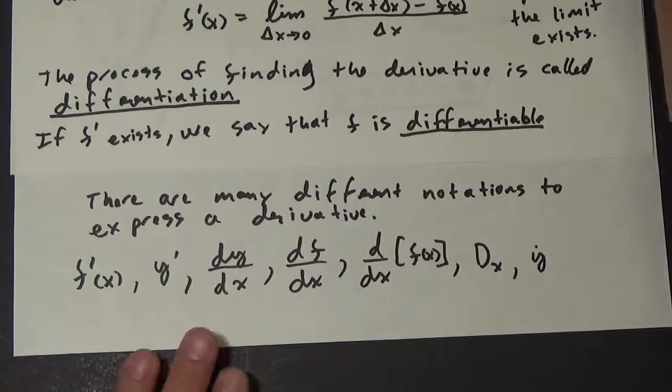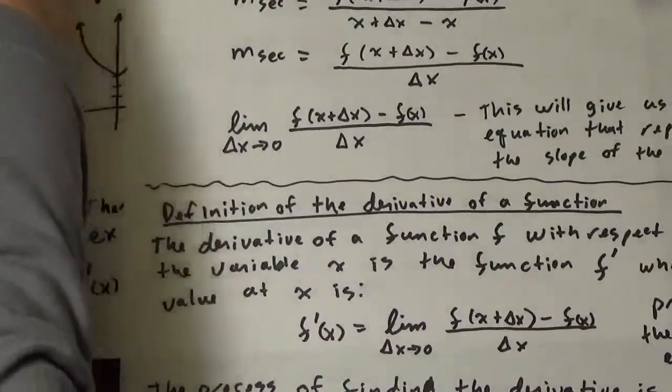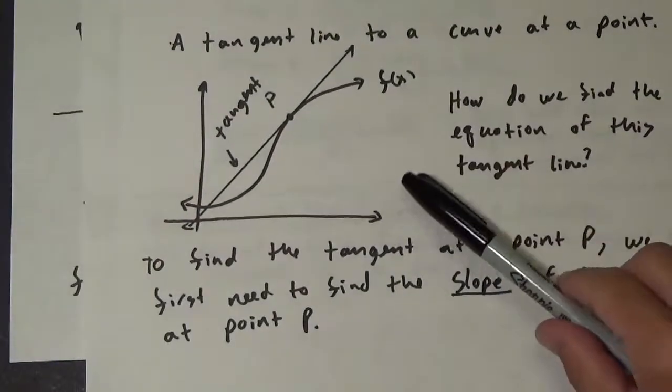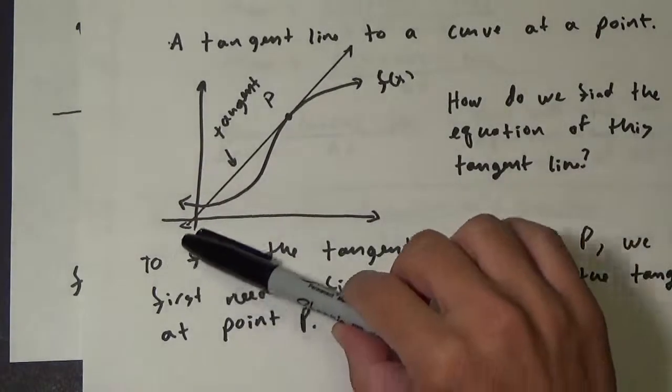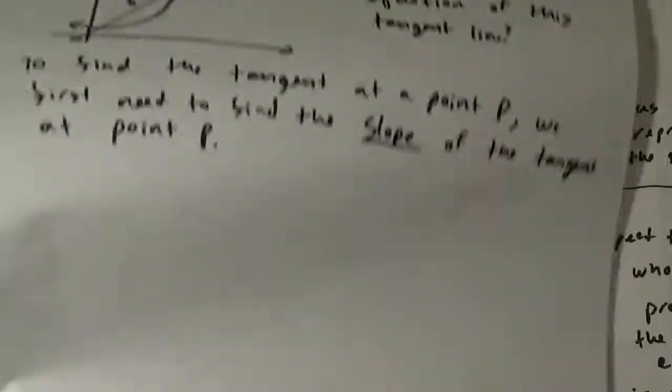Okay, so this was a very big video that we just went over, and a big concept. We started with this idea of the tangent line problem. Before this video, if I asked you to find the slope of that tangent line, we had no way to do that.